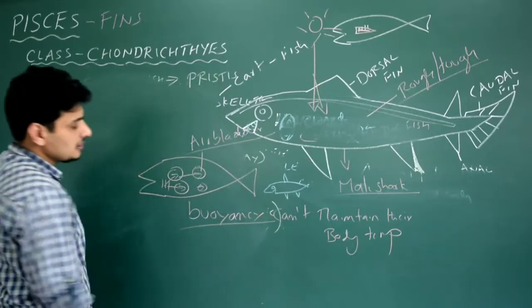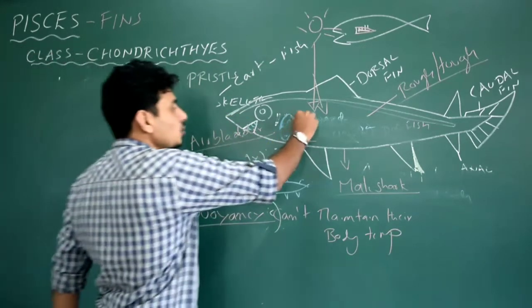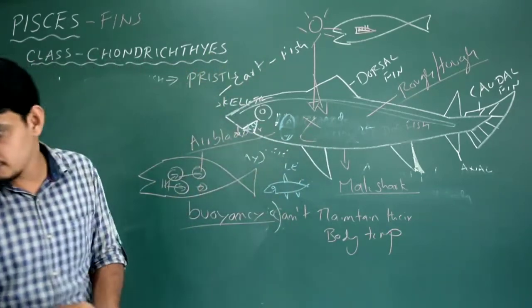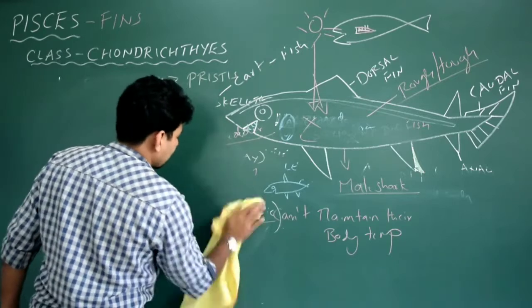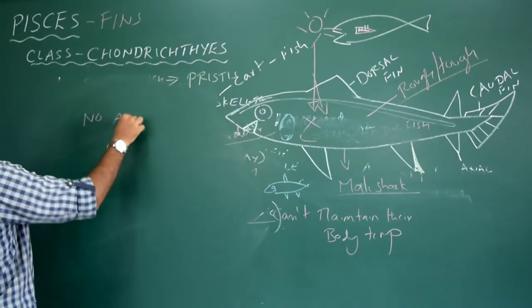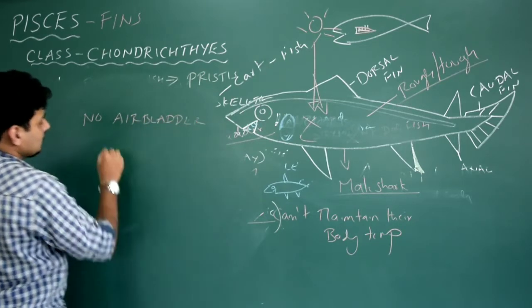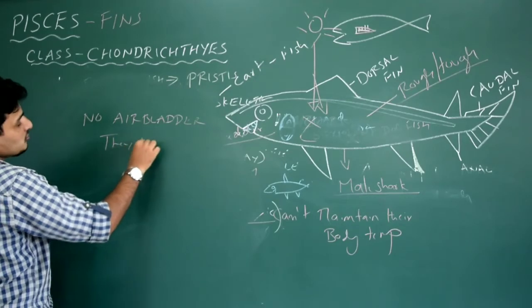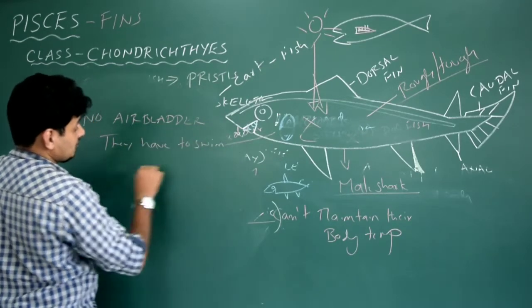The buoyancy is there because of the presence of air bladder in the case of Osteichthyes, but in this case no air bladder. So write down that point, I forgot. Chondrichthyes will not exhibit the presence of air bladder. So write down no air bladder. Because of this disadvantage, they have to swim regularly. No rest, nothing else. Regularly.